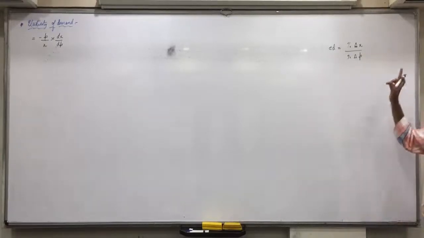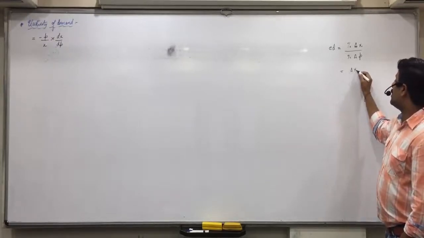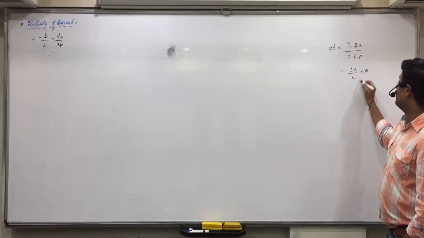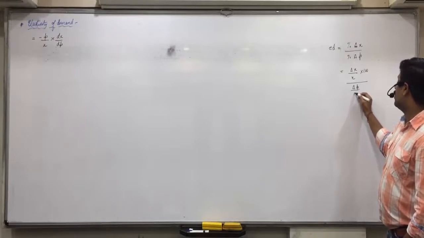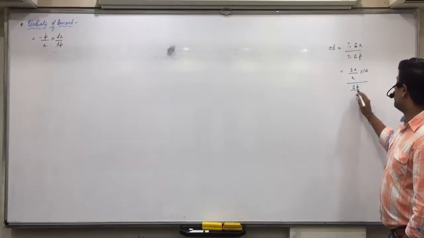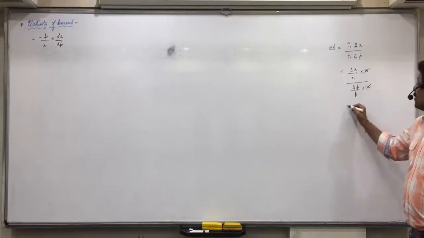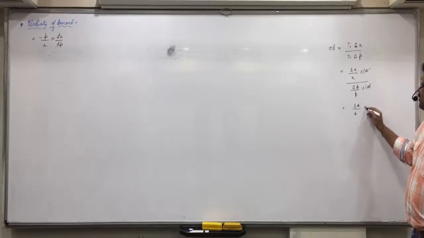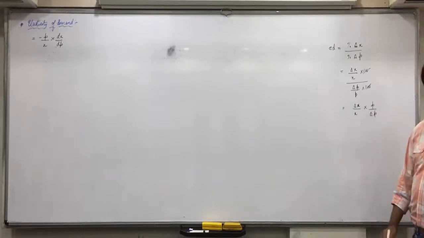Now, demand I am writing as X. Can I say percentage change in demand means change in demand upon original demand into 100, and change in price upon original price into 100? Now this 100 gets cancelled. So change in demand upon original demand, can I multiply it with the reciprocal, price upon change in price?